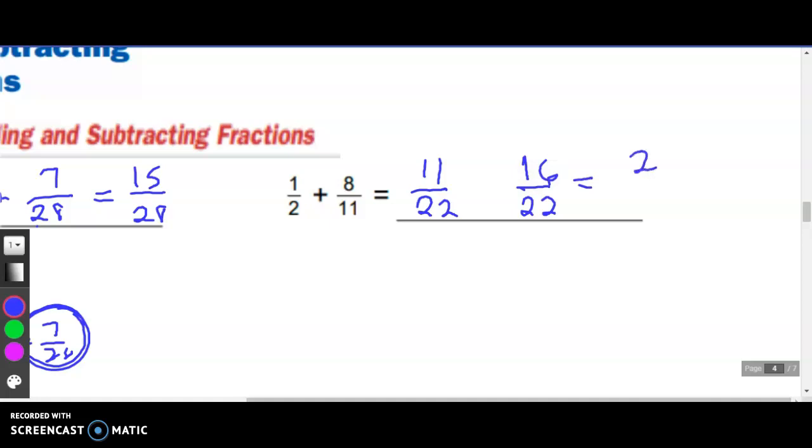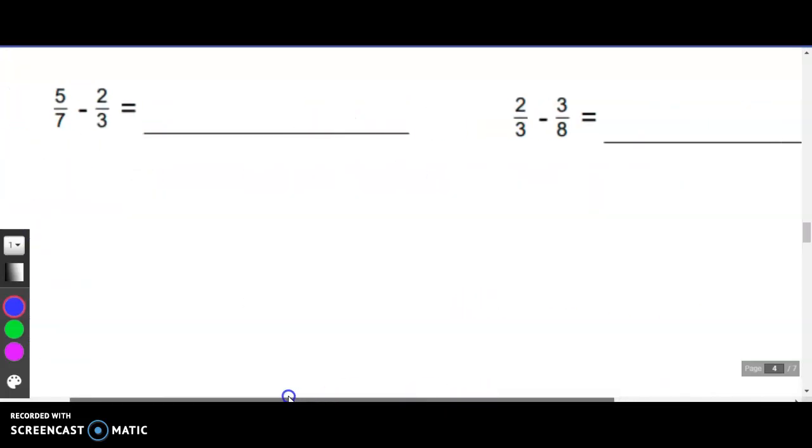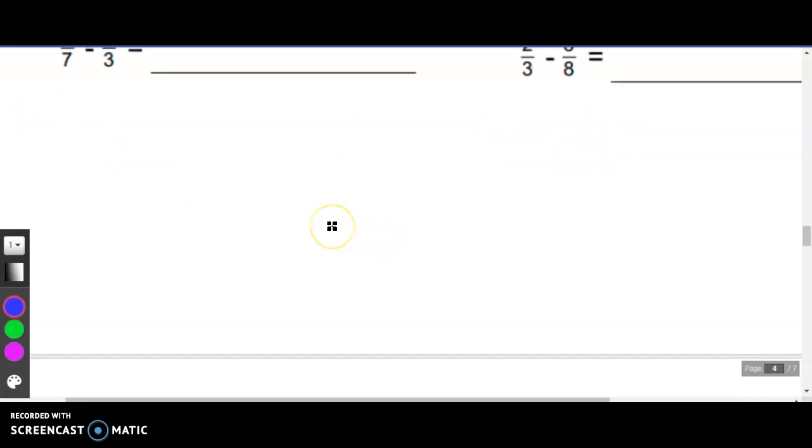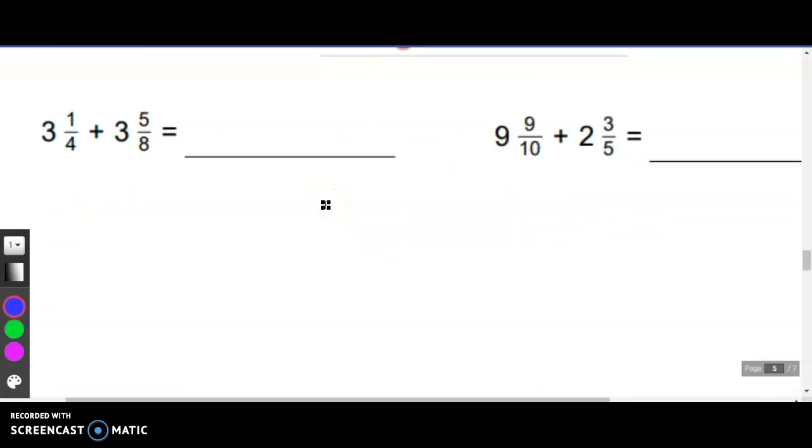Now I get 27 over 22, which can't be simplified, but it can be turned into a mixed number of 1 and 5 over 22. The same for subtraction, where here it would be 21, and here it would be 24, and then we're going to subtract the numerators.